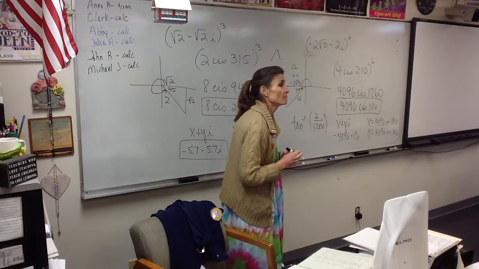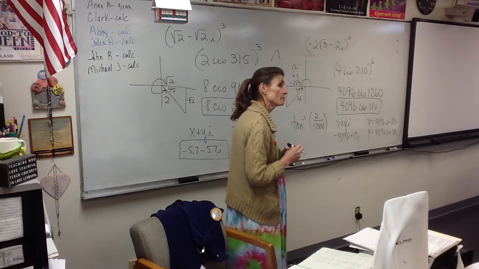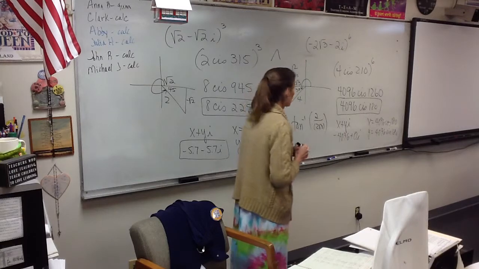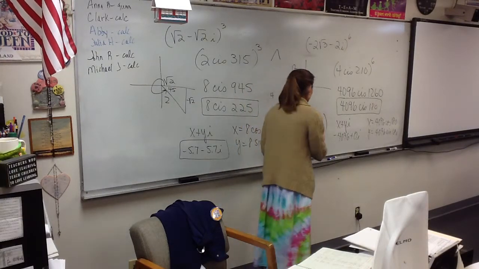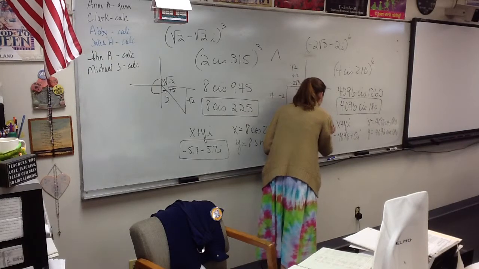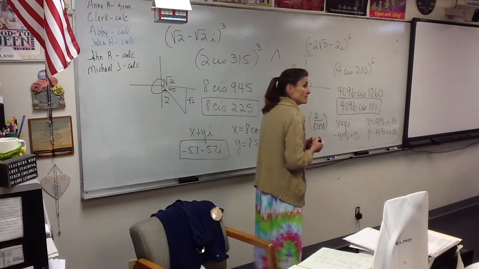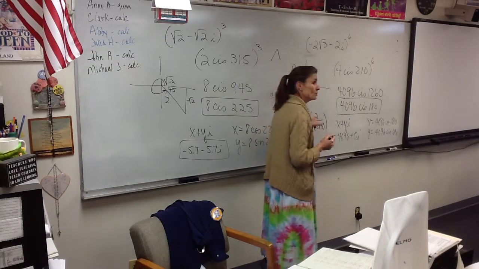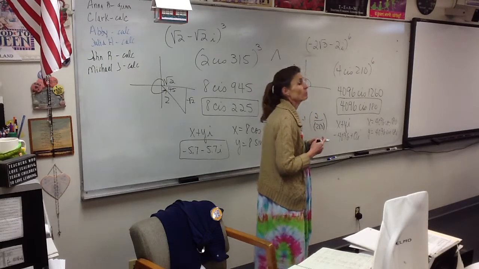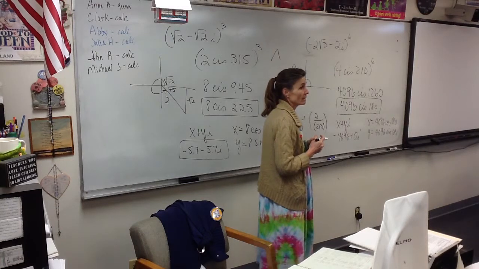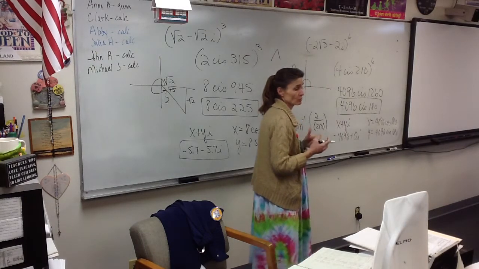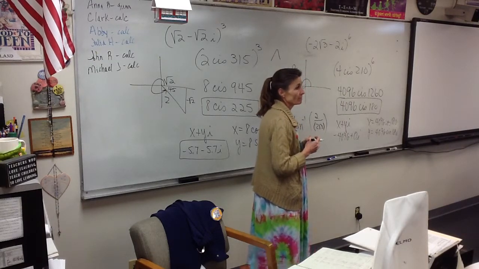Megan? I don't know if I'm doing it wrong, but every time I type in 2 divided by 2 root 3, I keep getting 60. I know, because this has to be in parentheses. When you hit 2 divided by, you have to put parentheses, 2 square root 3, and then you're gonna have to close it, like a double or triple parentheses.